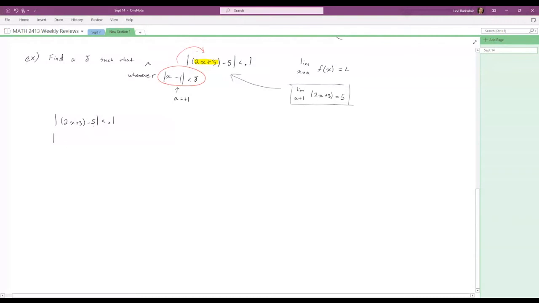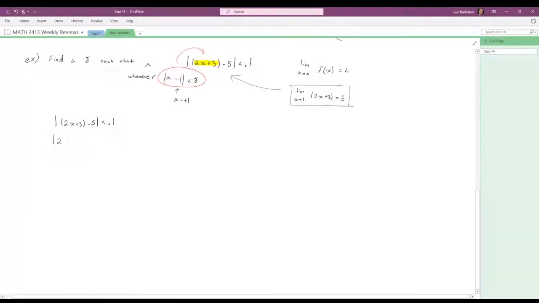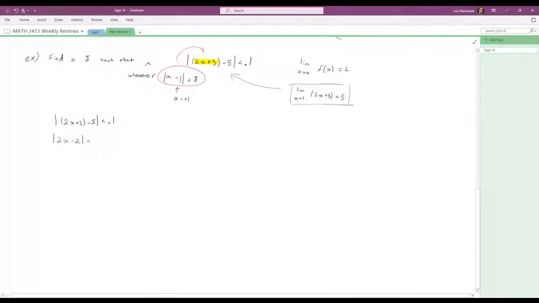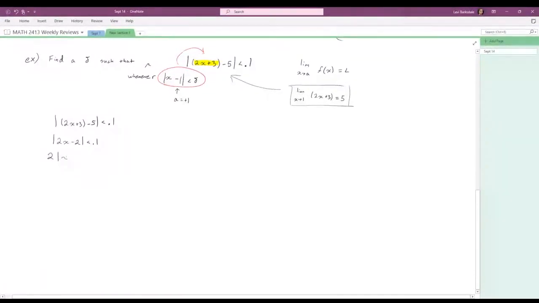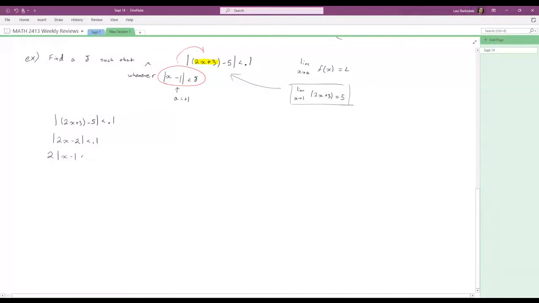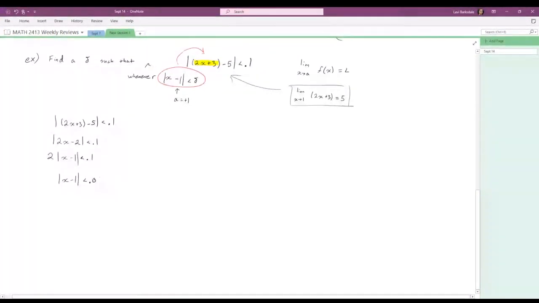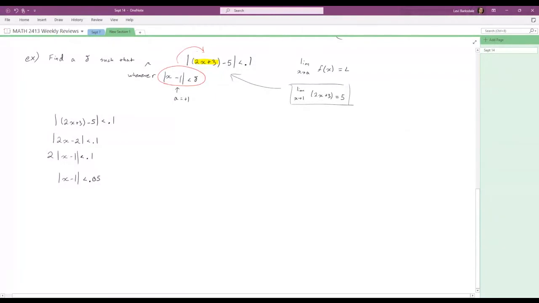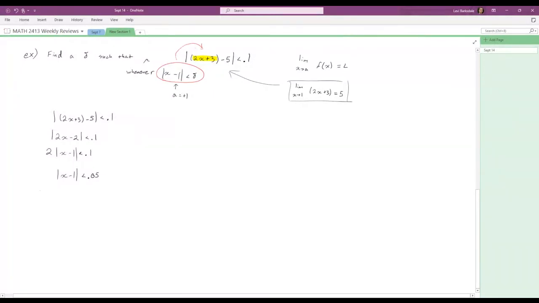I can combine my plus 3 and minus 5, and that gives me the absolute value of 2x minus 2 is smaller than 0.1. Now if I factor 2 out, I get 2 times the absolute value of x minus 1 is smaller than 0.1. If I divide both sides by 2, I have the absolute value of x minus 1 is smaller than 0.05.